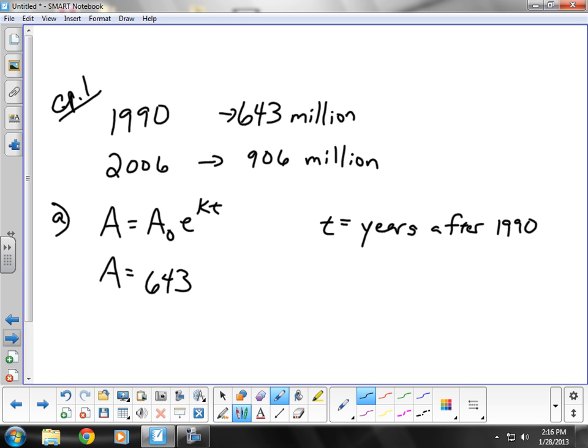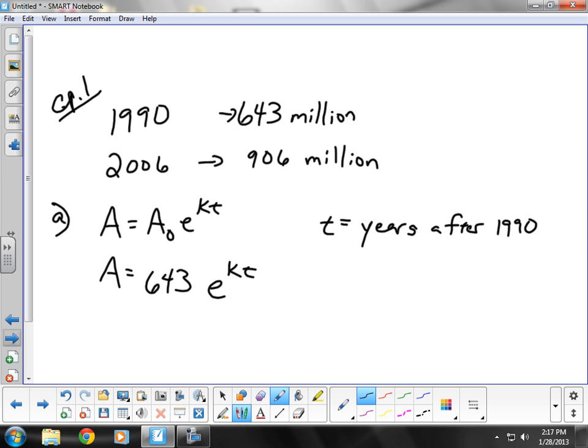Okay? Everybody understand that? And then we have e to the kt. Now, that's my basic formula. The only thing that I'm missing out of my formula is I need to know what K is.